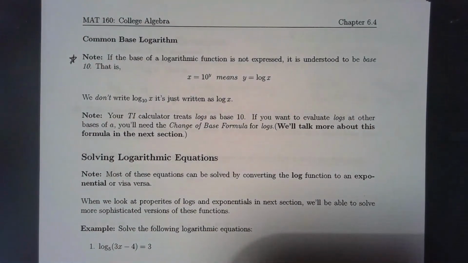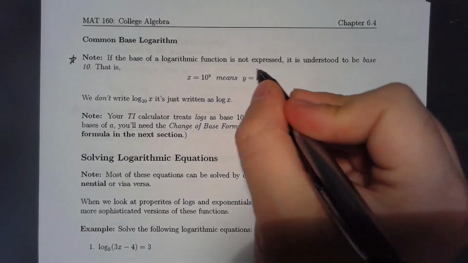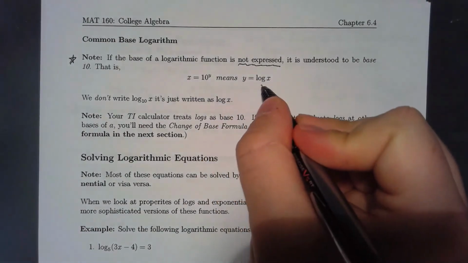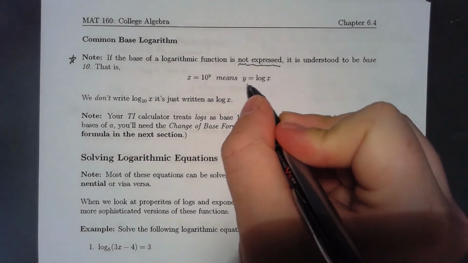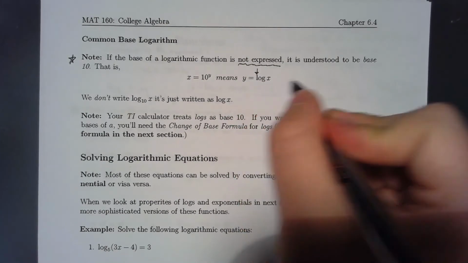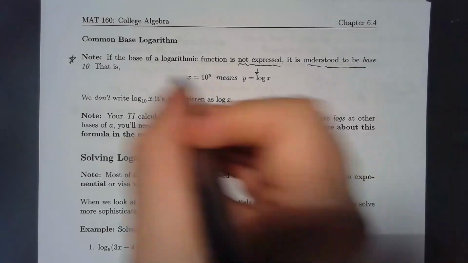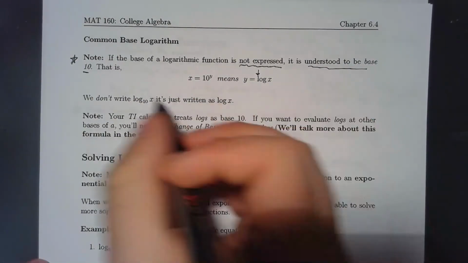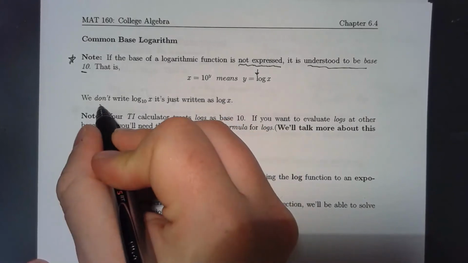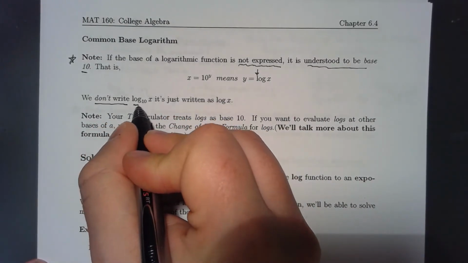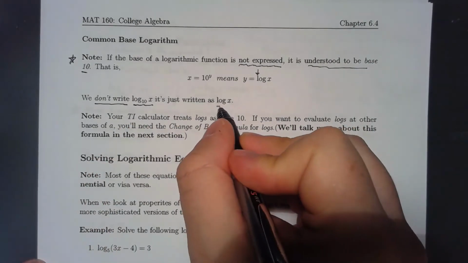If the base of a logarithmic function is not expressed, so if you don't see a subscript on your logarithm like you do here, then it's understood to be base 10. So we don't write log base 10 of x. That's redundant. We just write log of x.